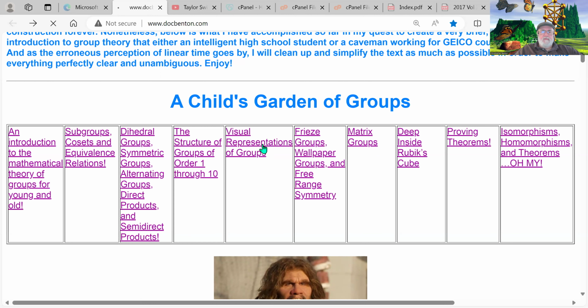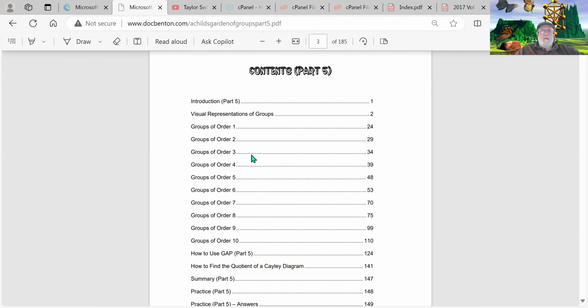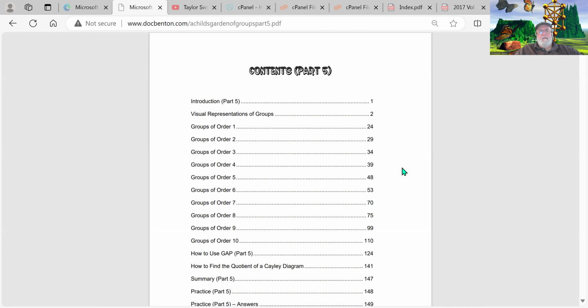Then the next module is on visual representations of groups. Again, we do this for groups 1 through 10, and I present basically about 3 different ways of representing a group visually. We have what we call cycle graphs or diagrams, Cayley graphs or diagrams, and then something I came up with, though I doubt that I'm the first one to come up with it, what I call generator diagrams.